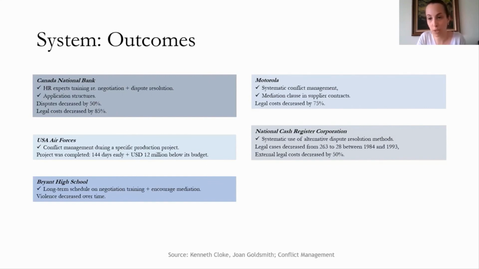There are no numbers because it's a high school. And again, in another institution, they established a systematic conflict management, and they report that the duration of a specific set of labor disputes decreased by 4,200 hours.